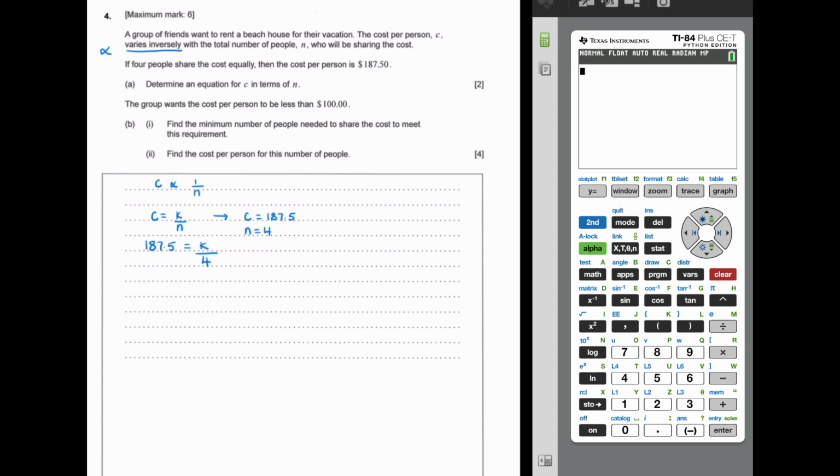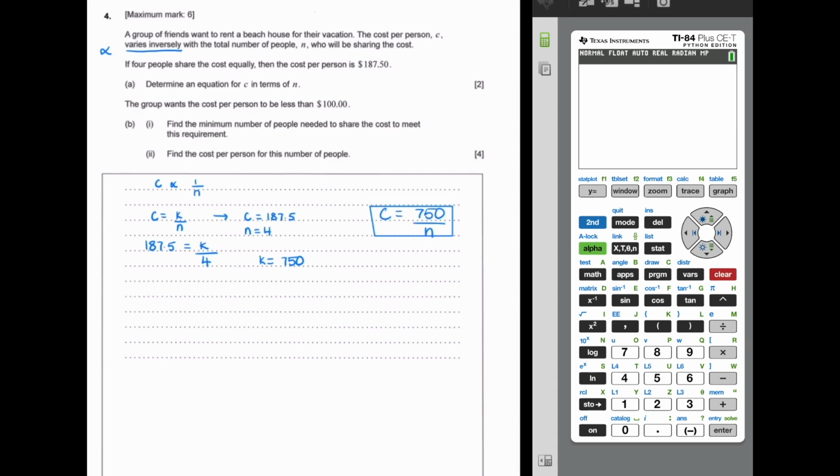If we put that into our GDC, into numeric solver, we find that K is equal to 750, which means that the equation that links these variables together is C equals 750 divided by N. So this is the equation that I'm working with, and that's how I can answer the rest of my question.